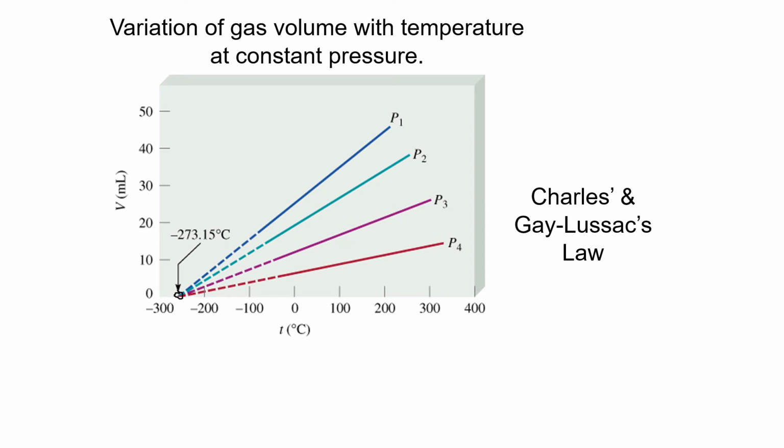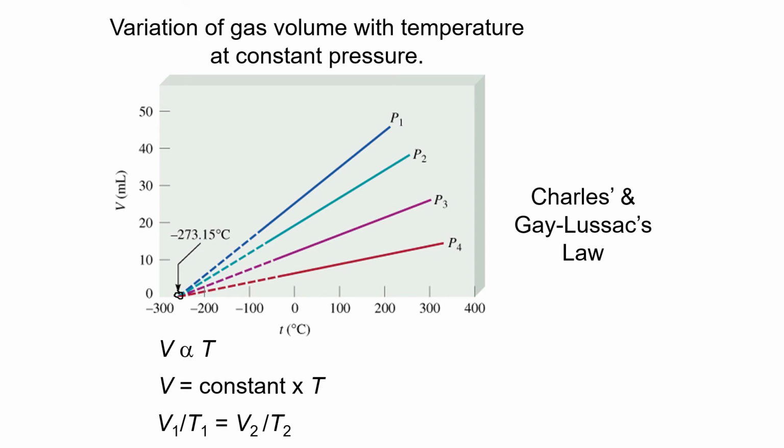So because of this relationship with temperature, all of our gas laws that involve temperature must use temperature in Kelvin. So V is proportional to T. So that means V equals some constant times T. And we can expand that to determine a second volume and or temperature based on initial conditions.